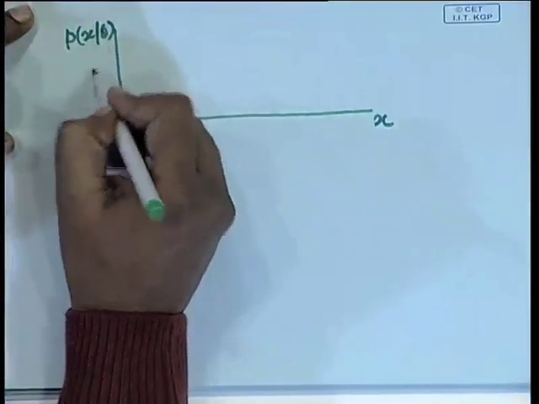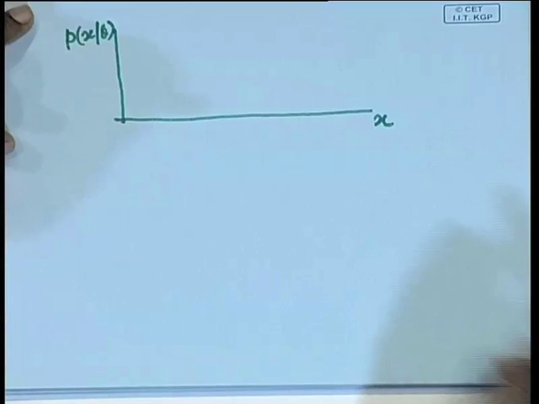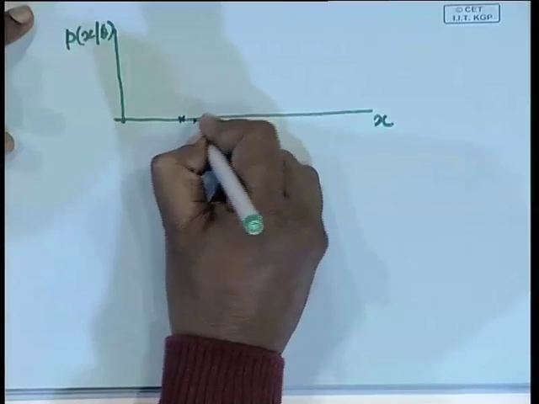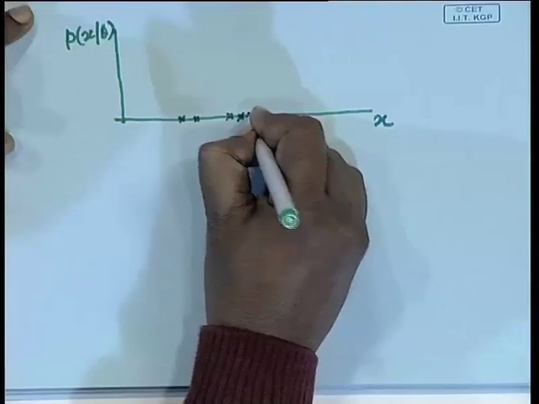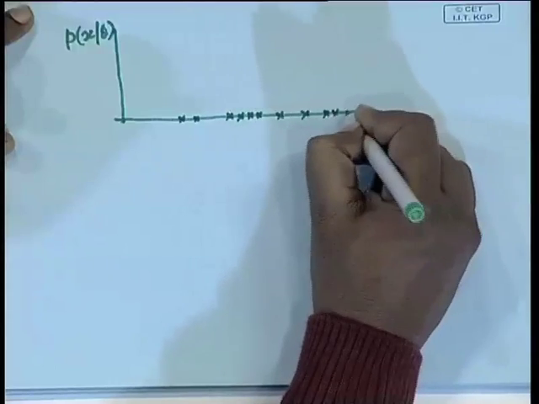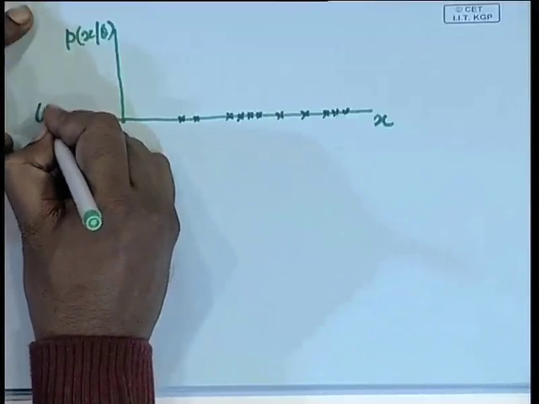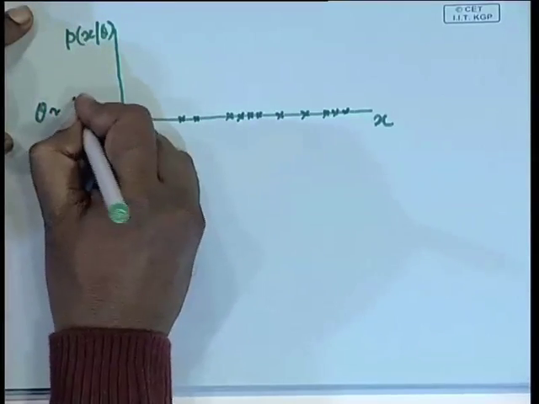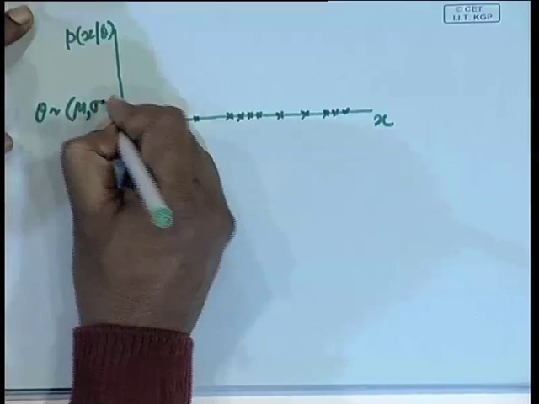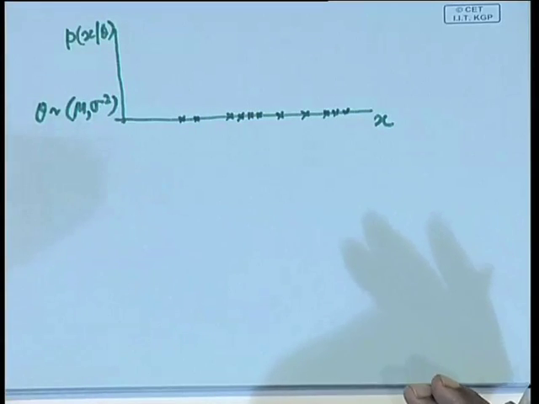Because this is the univariate case, I assume that theta is mu, sigma squared, where mu is the mean and sigma squared is the variance.